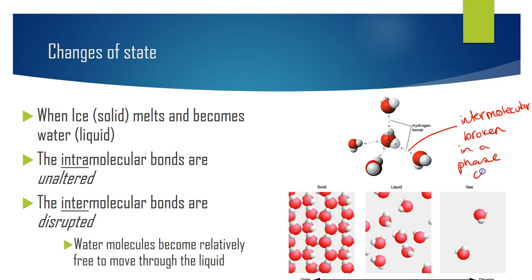The water molecules will still be water molecules, there'll just be more space between them, so there's less intermolecular bonding. We're not ripping a hydrogen off when we boil it. What we're doing is just increasing the space between these molecules by breaking these bonds.